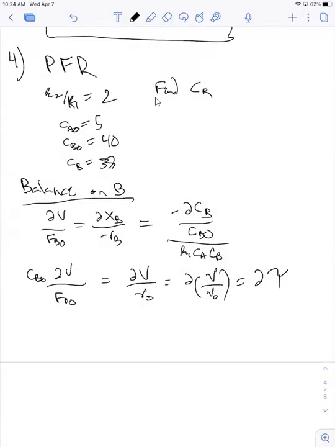By simplifying, we'll have dCB; we move this tau, divide by tau, and then multiply.